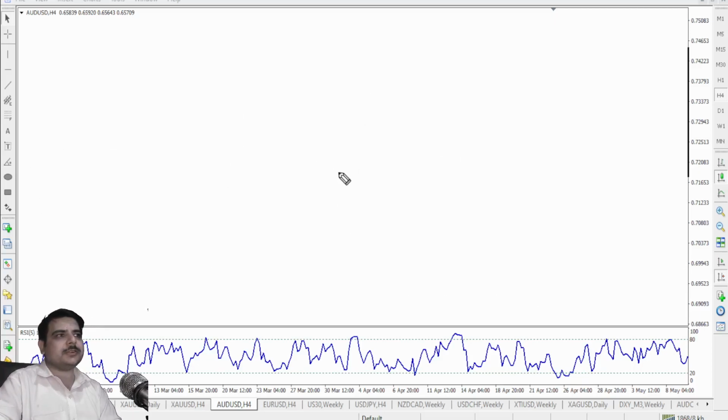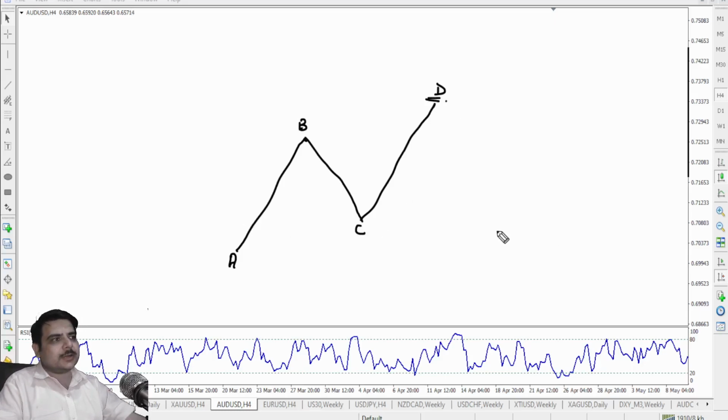So very simple one right here. I will be doing it once again. This is ABCD so that it prints in your mind and you remember it forever. This is A, this is B, this is C, and that is going to be the D. Now before discussing the stop losses and the risk management and all of that, in this video I may not be going into the details of that.